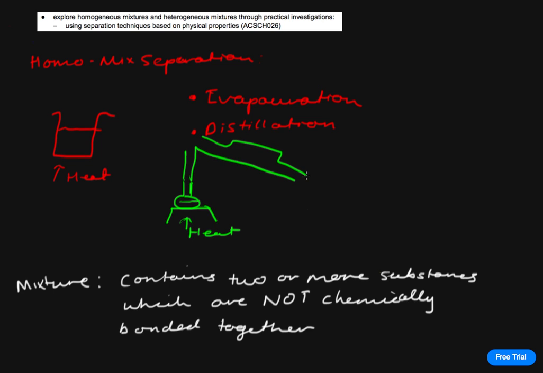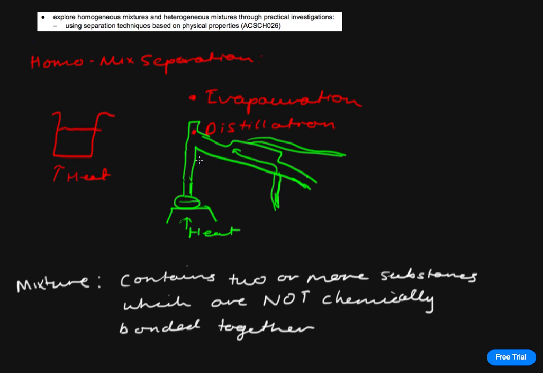This is quite a horrendous drawing. I hope no one in my chemistry faculty sees this, but to give you a rough idea, we have some line of water that runs in. Again, this is a very rough depiction of what distillation is. Water runs in through the bottom here and out the top, and what this does is cool gases.